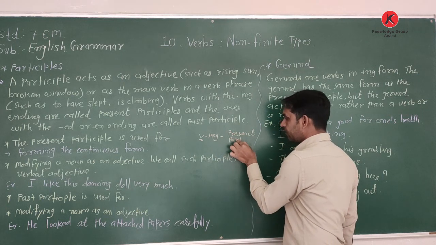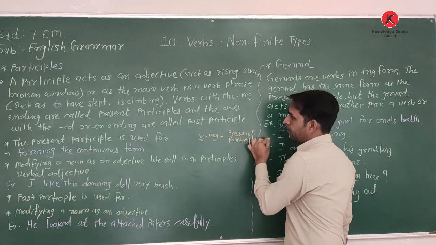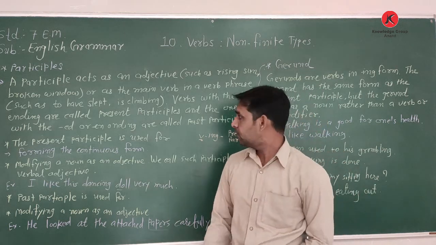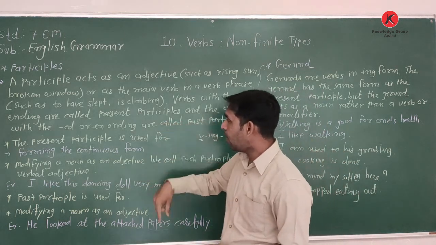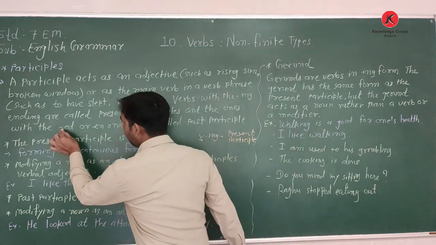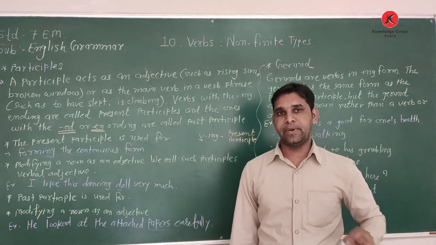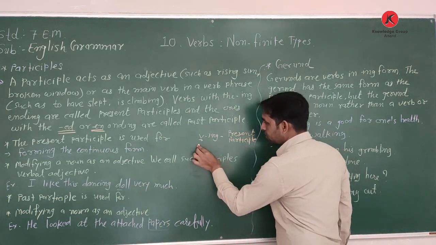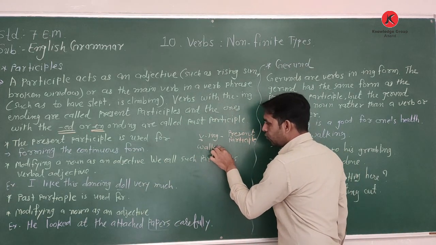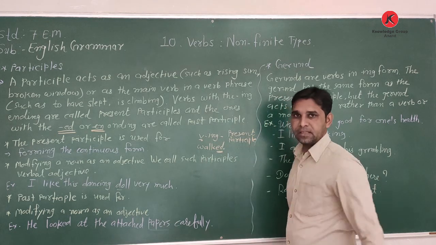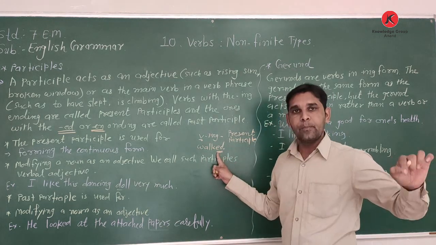Or the verbs with ed. Verbs with ed or en ending are called past participles. If we use the verb walk, we use the ed form, walked, and that is called the past participle.